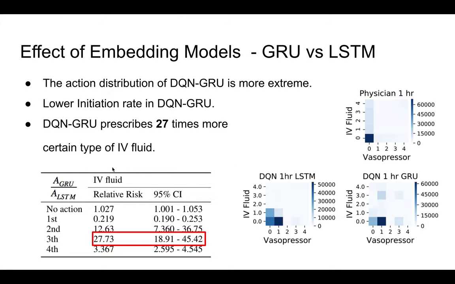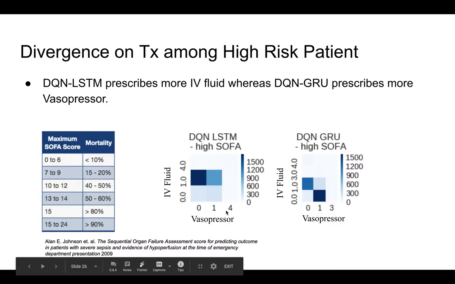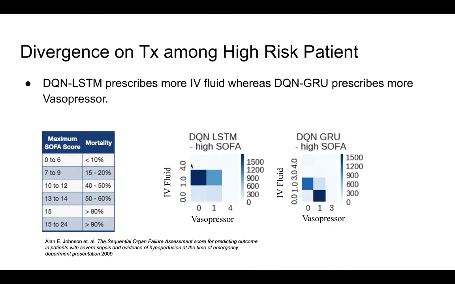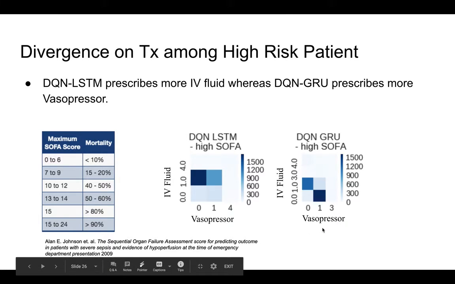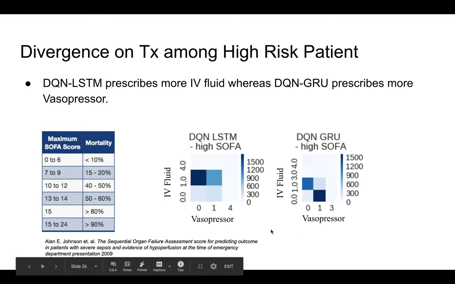In some cases, the DQN with GRU prescribes 27 times more IV fluid compared to the DQN trained with LSTM. We also classify patients according to their risk. For high-risk patients, the DQN trained with LSTM prescribes more IV fluid, whereas the DQN trained with GRU prescribes more vasopressor. That being said, the recommended policy totally depends on what kind of recurrent embedding you choose.